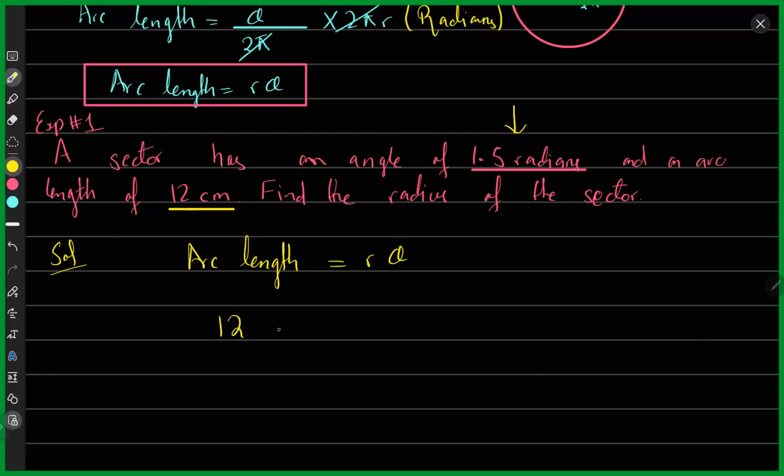So 12 equals r, which is unknown, times 1.5, and r is equal to 12 divided by 1.5. So that is going to be 8 centimeters, and this is the answer. So you can see, using the arc length formula, we are finding the radius.